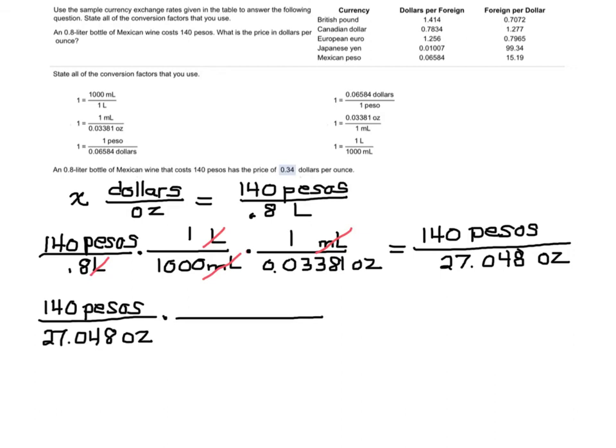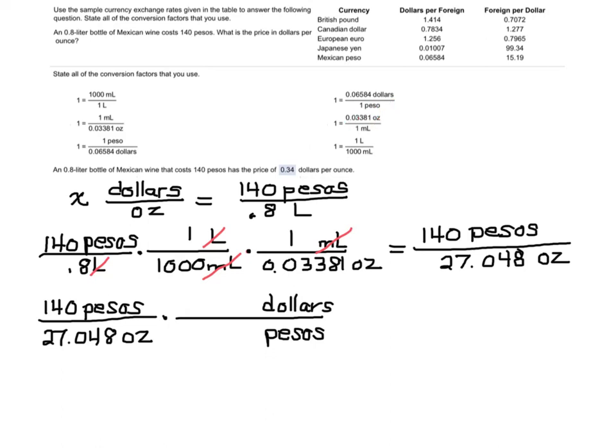So if I have pesos in the numerator, I want pesos now in the denominator. So I put pesos down here. And I'm going to want dollars in the numerator. That's my new unit. So I need to find a unit conversion factor that has dollars in the numerator, pesos in the denominator. And when I look up, I see it's right here.